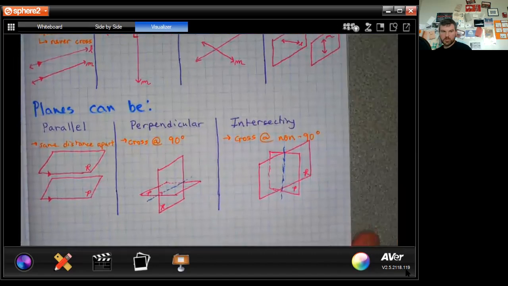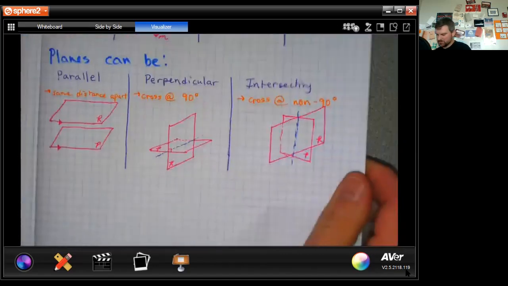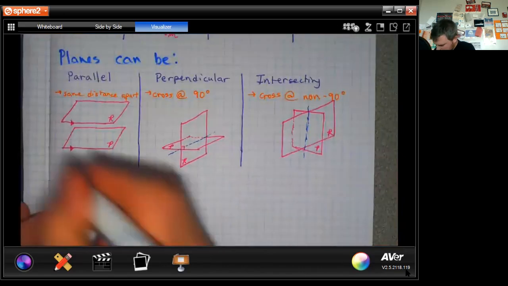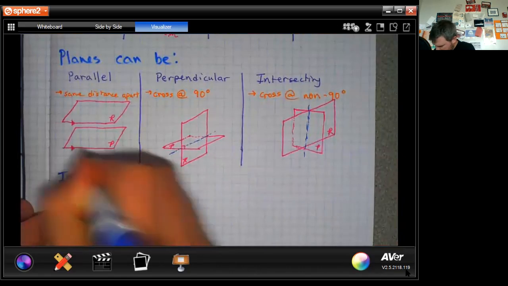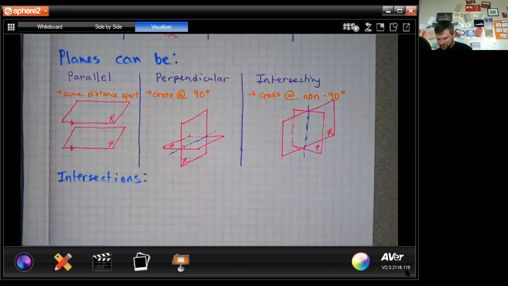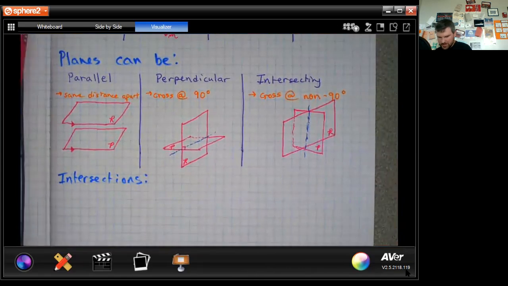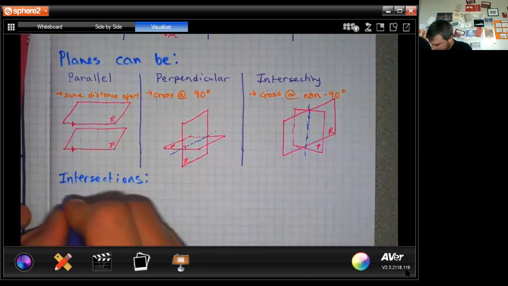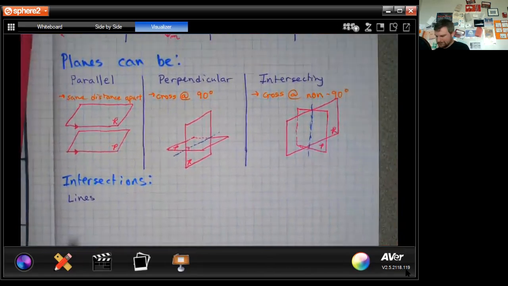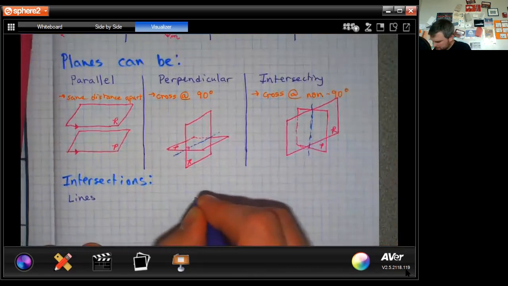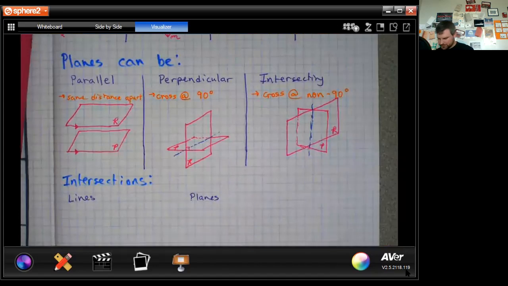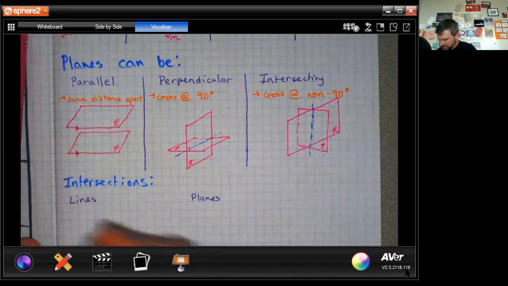All right. So that's what kind of planes and lines we can have. We have intersections. Okay, so you've got some types of intersections. So we have lines, and then we have planes. Lines can intersect. Ooh, let me draw this.